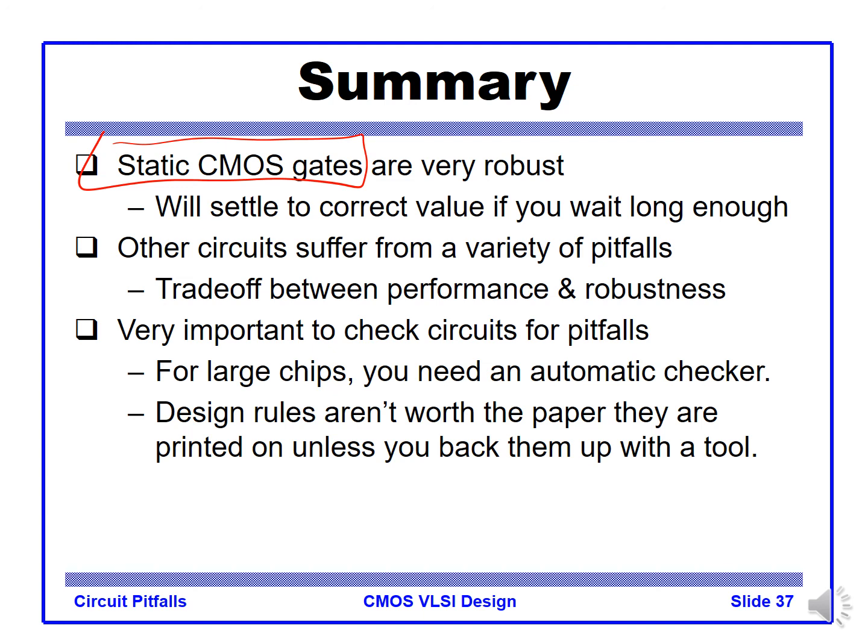There's always a trade-off between performance and robustness. You have to double check all the different corner cases to see whether your circuit works properly. It is very important to check the circuit for possible failure.